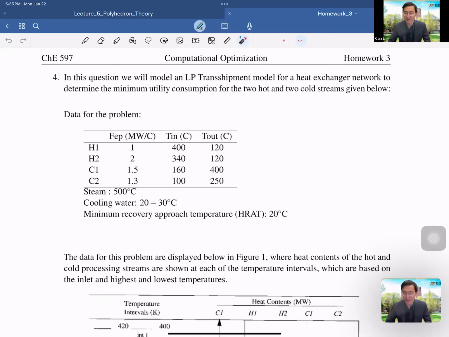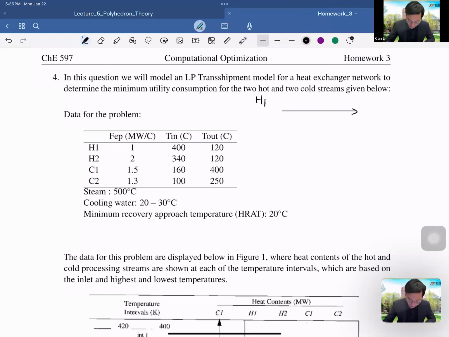So what is a heat exchanger? In a chemical plant, you may have some hot stream you want to cool down. For example, you can represent a stream. Let's say in this case, H1 is a hot stream.